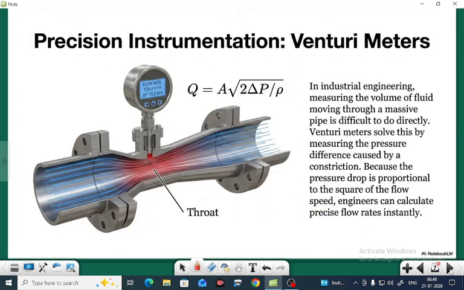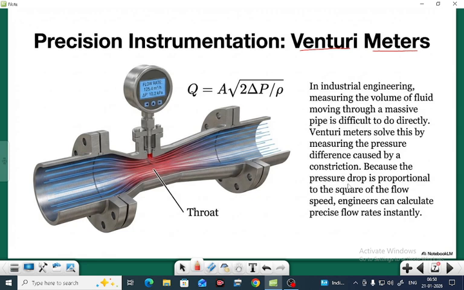Precision instrumentation, Venturi meters. We learn about Venturi meters. In industrial engineering, measuring the volume of fluid moving through a massive pipe is difficult to do directly. So Venturi meters solve this by measuring the pressure difference caused by a constriction.